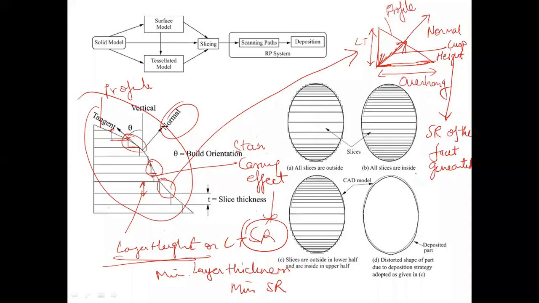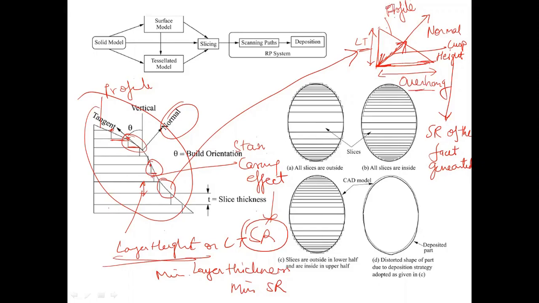Cusp height is defined as the distance from the connecting point of layer and overhang to the surface normal projecting on the profile line. It is the radial or linear distance from the junction of layer thickness and overhang towards the surface normal on the profile line.